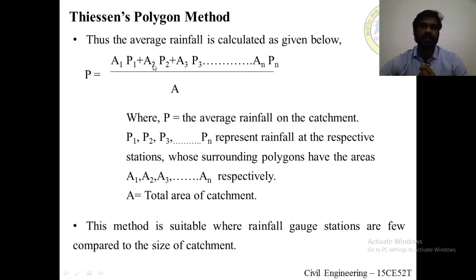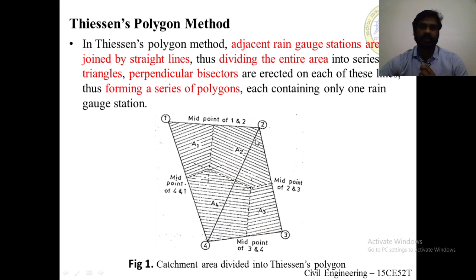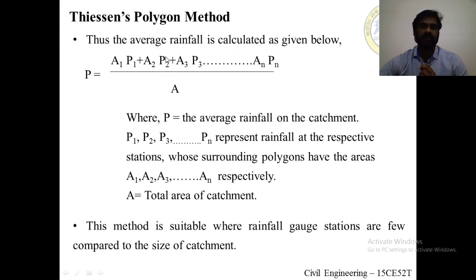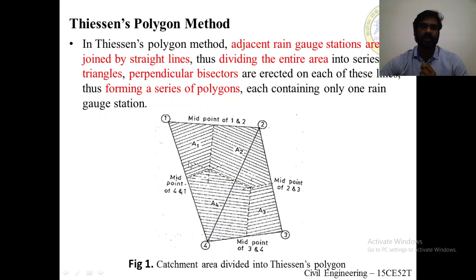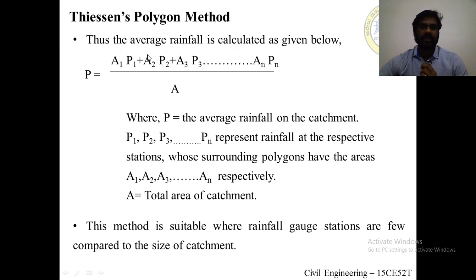If the polygonal area of the rain gauge station is big, the weightage of the rain gauge station in the formula increases. See, here A1 is slightly smaller than A2. So A2 P2, or station 2, has more weightage in this formula for calculating average rainfall.